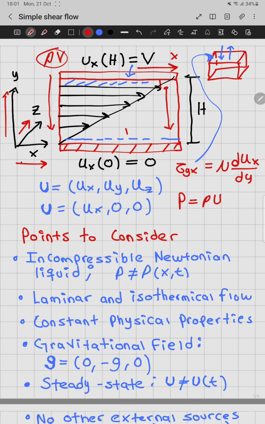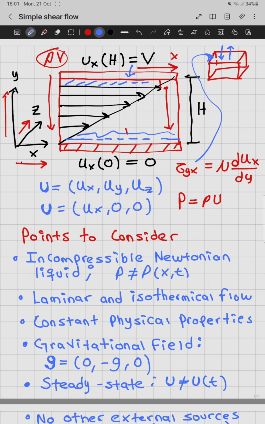And as you can notice, the layers of fluids that are close to the top wall are going to have higher values of velocity compared to the lower layers. And this is due to viscous effects. And that means that the lower layers of fluids that are around here will move at a lower speed. And this is because there are energy losses.